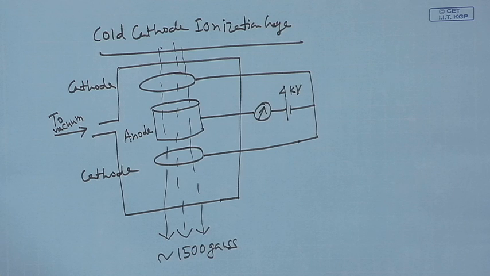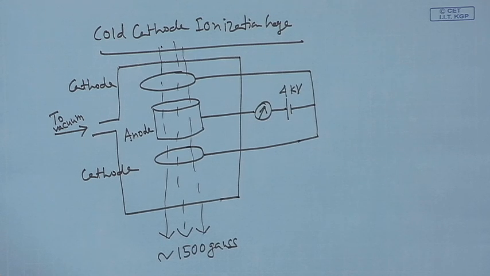So, this increases the electron path length, and thus the possibility of collisions and formation of positively charged ions increases.